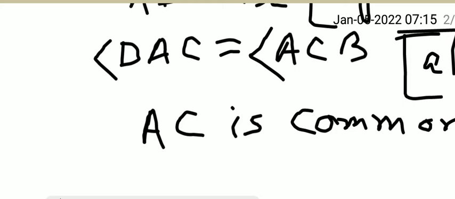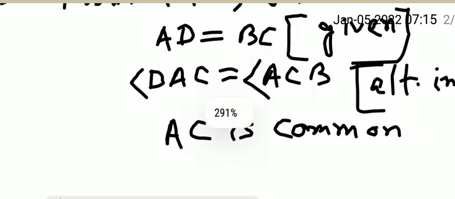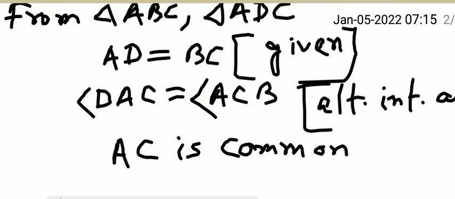So three conditions are fulfilled here. AD is equal to BC, that is given. Angle DAC equal to angle ACB is alternate interior angle, and AC is common. So you can say that these two triangles are congruent.